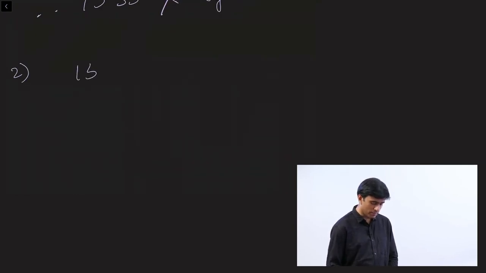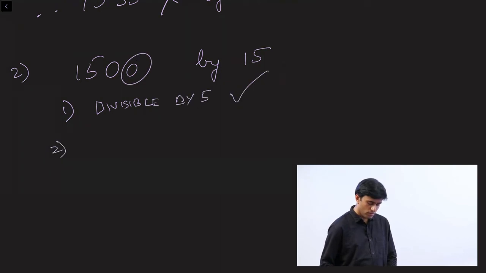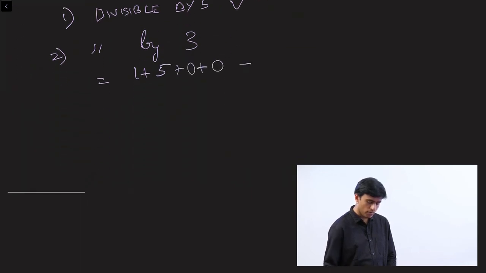Let's take another example. 1500. Is this number divisible by 15? First step, divisible by 5? Yes, because it is ending in 0. Divisible by 3? Let's see. 1 plus 5 plus 0 plus 0 gives you 6, which is 2 times 3.